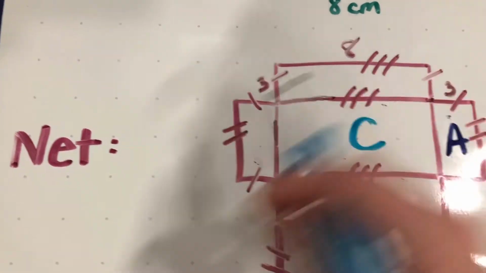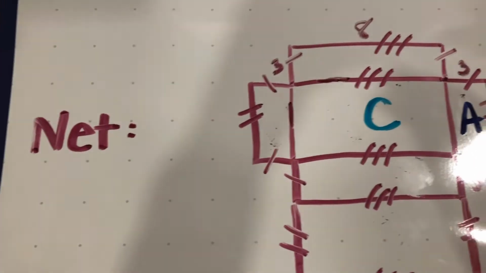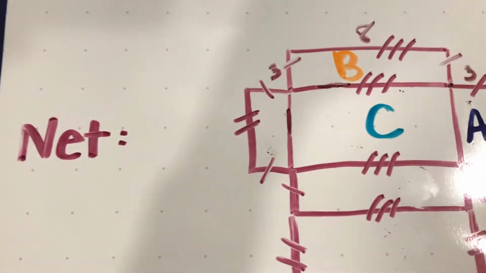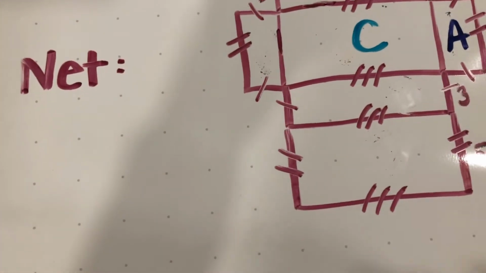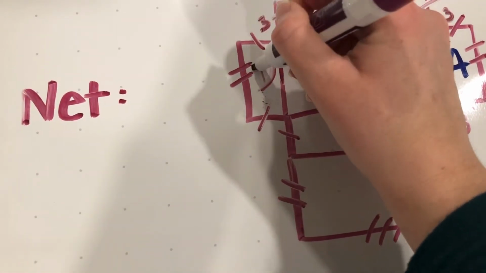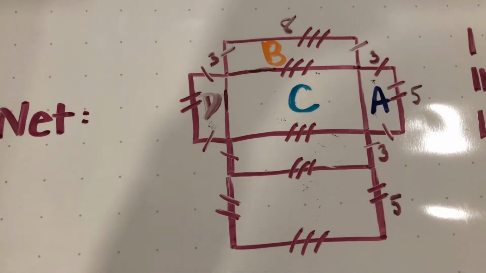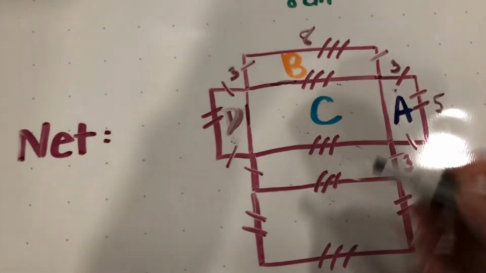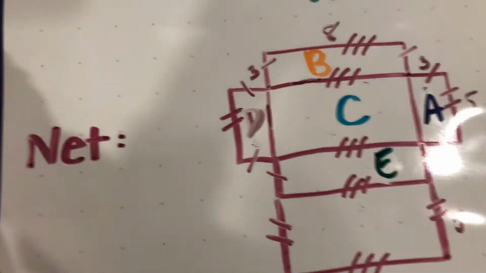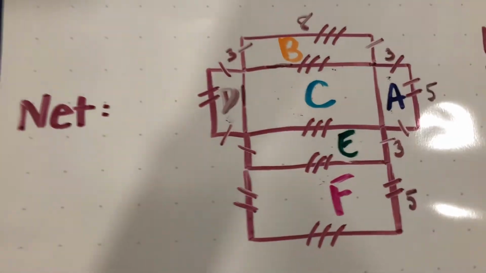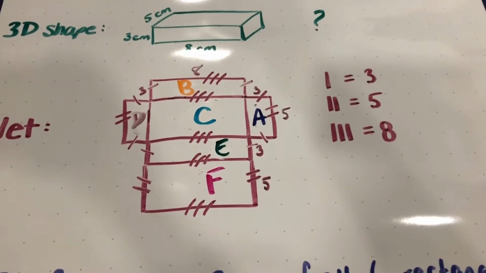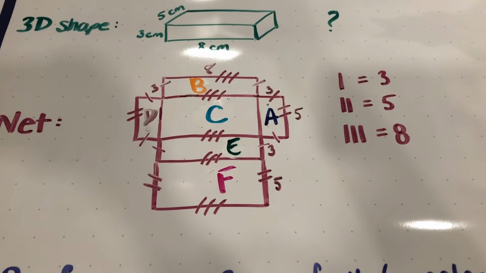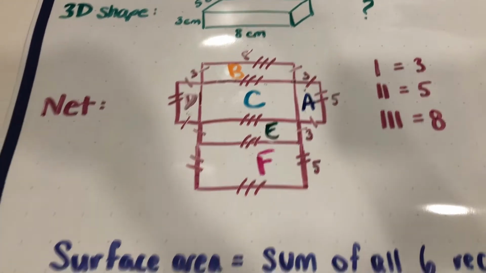This guy is gonna be C. And this one is B. We're gonna call the next one D, followed by E and F. Okay. So here we've labeled all of the faces and we're going to use this to calculate out our surface area.